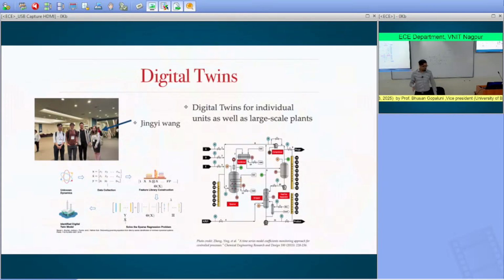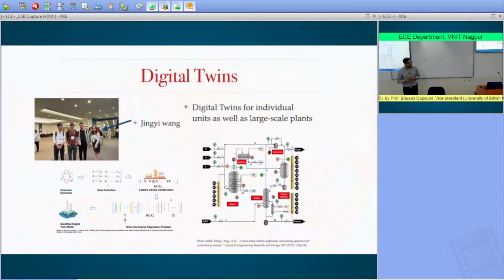For control and other purposes, you don't need to have a precise model. You can still do away with an imperfect model. You can achieve good performance. The idea behind digital twins is to incorporate every aspect of this system into one model. That includes the dynamic models and sensors and all this stuff and all the measurements.